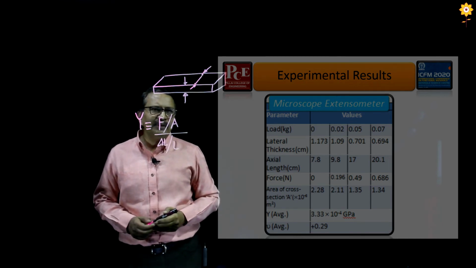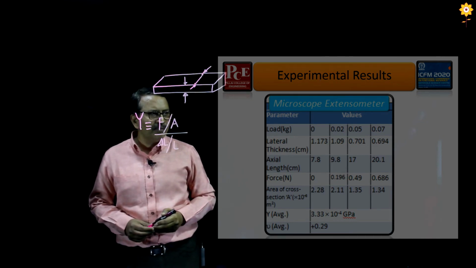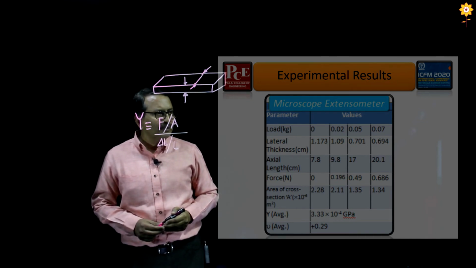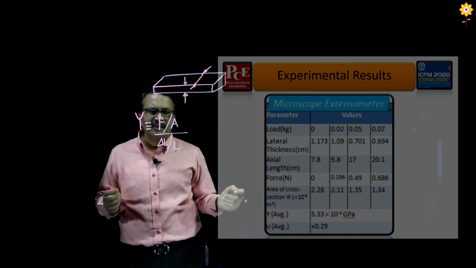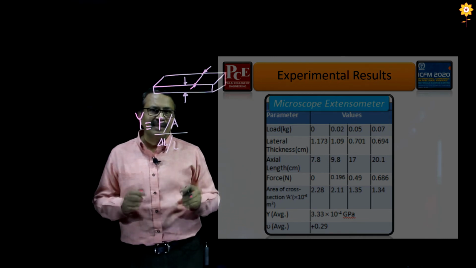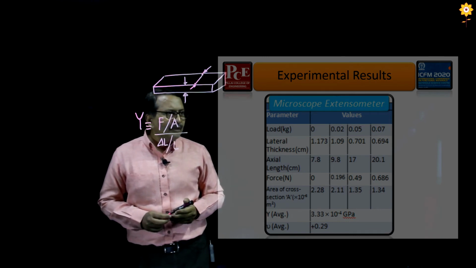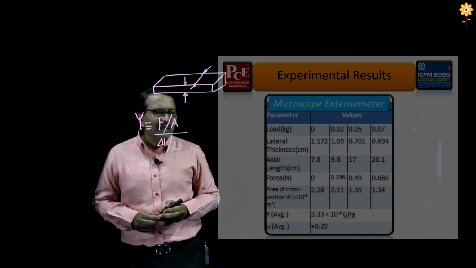Corresponding to that we also have the axial length. In the first case it was 7.8, the unstretched one, and 20.1 was the last length, that is the most stretched, found when the load was around 70 grams. And from this we calculated the force and the area of cross section.